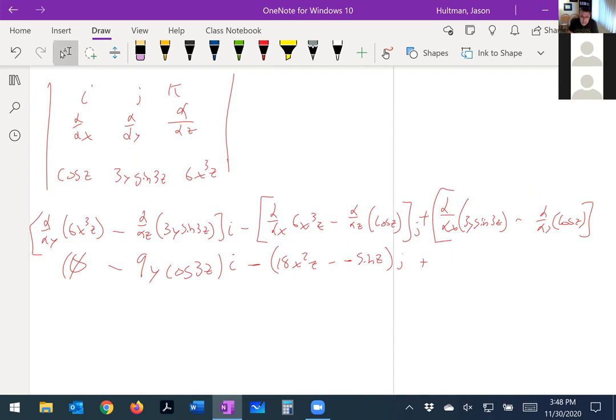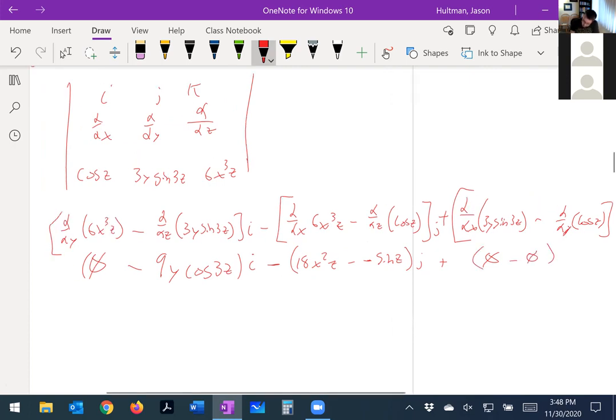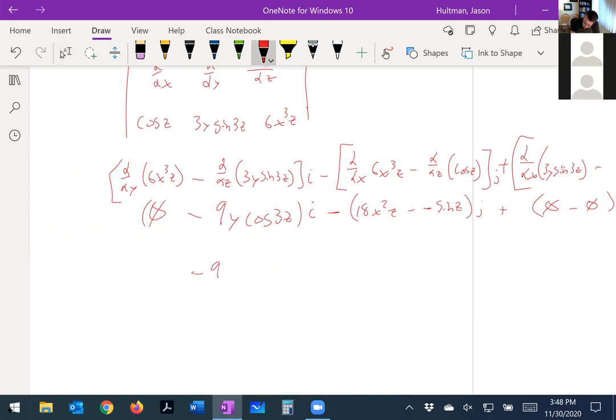Plus, 3y sin 3z with respect to x, that's just 0, and d/dy of cos z is just 0. So this is negative 9y cos 3z i minus (18x squared z plus sin z) j. That's the curl.